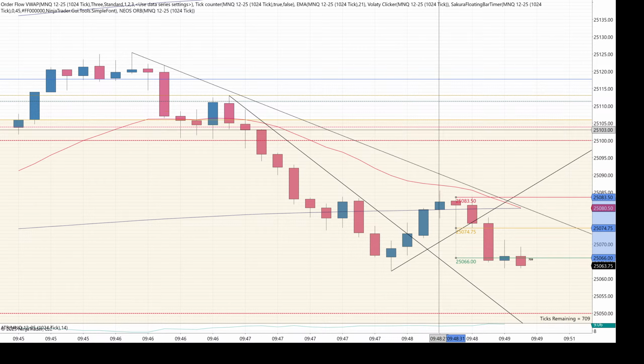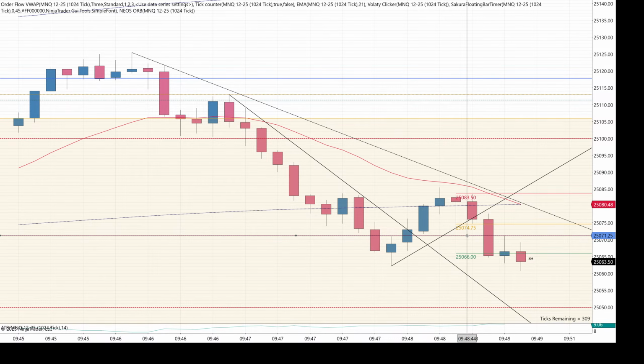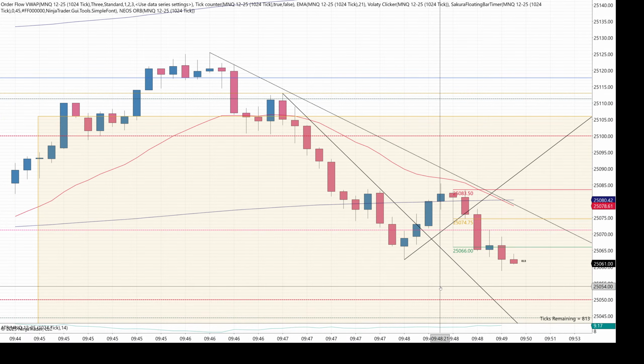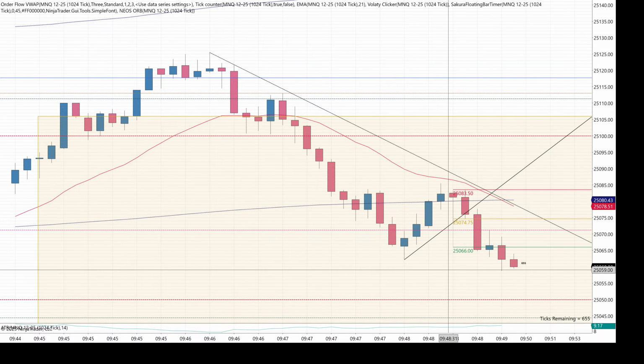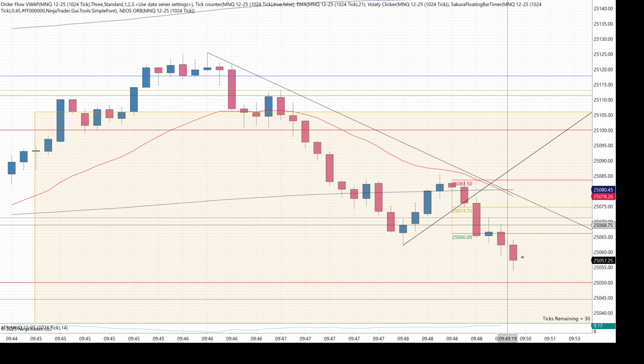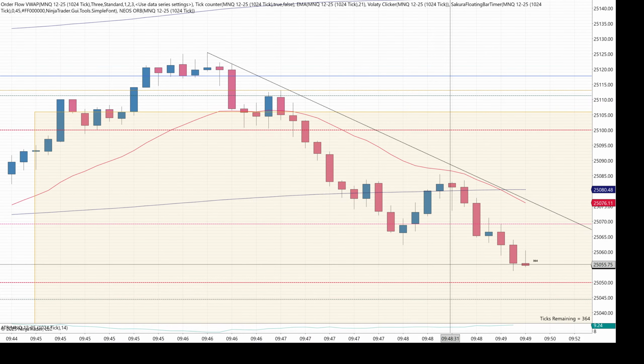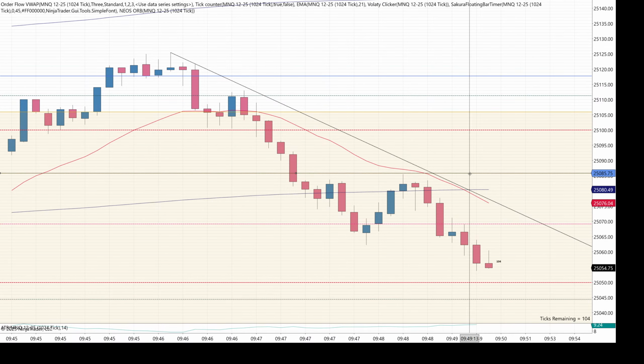Let's keep track of the runner. Golden ruler moves down.